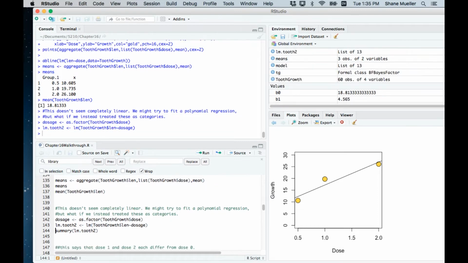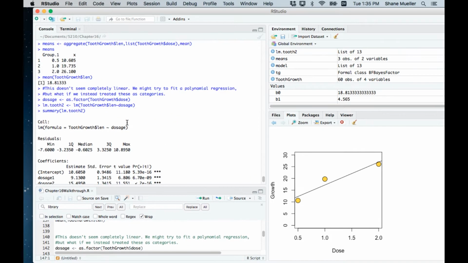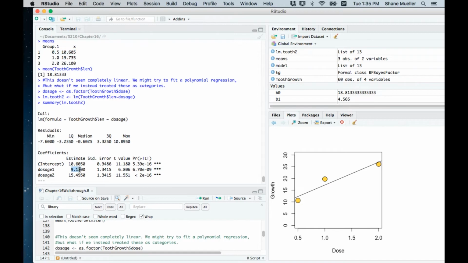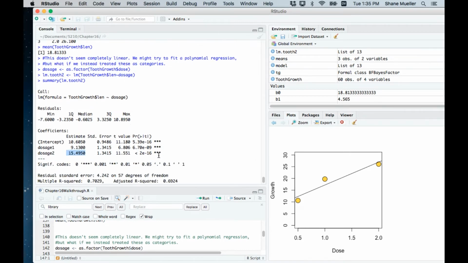So now if I use dosage instead of dose and look at the summary, this should look familiar. I've got the intercept of 10.6. If we go up here, that's this level, and then this should be about 9.1 higher, and you can see that this is 9.1 and this is 15.5, which is about 15 higher than the lowest level.